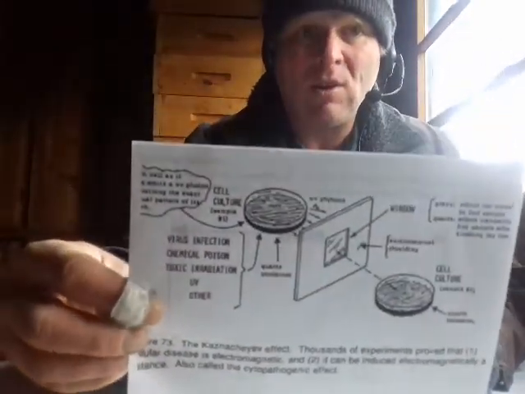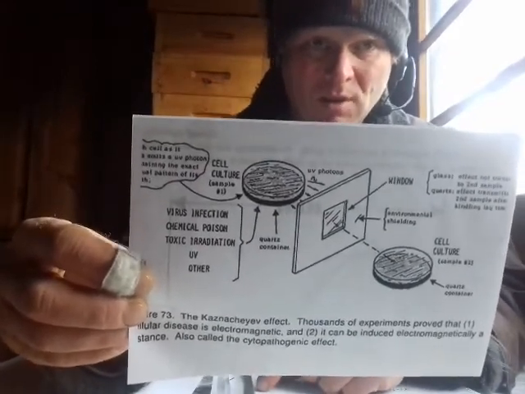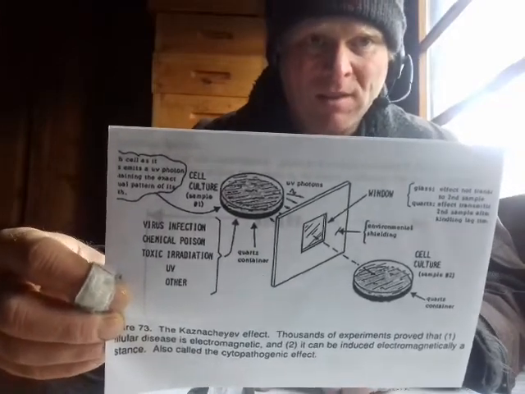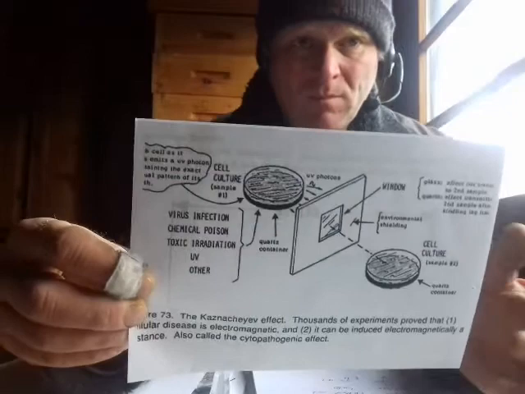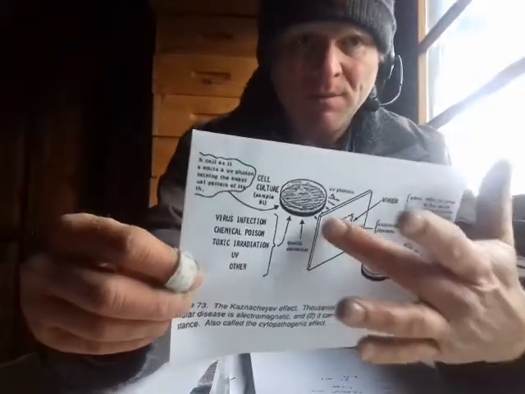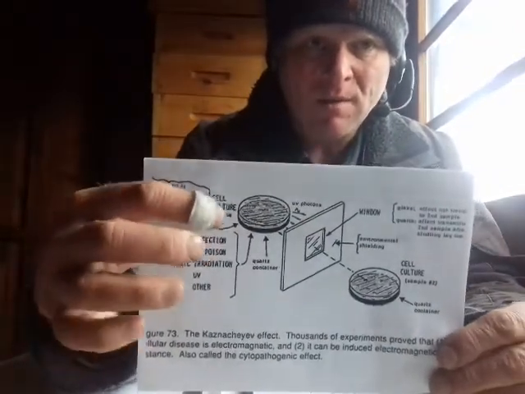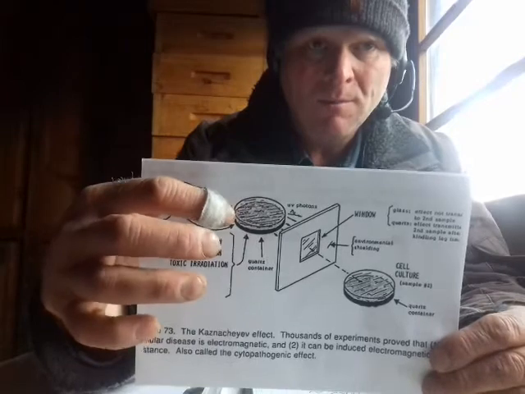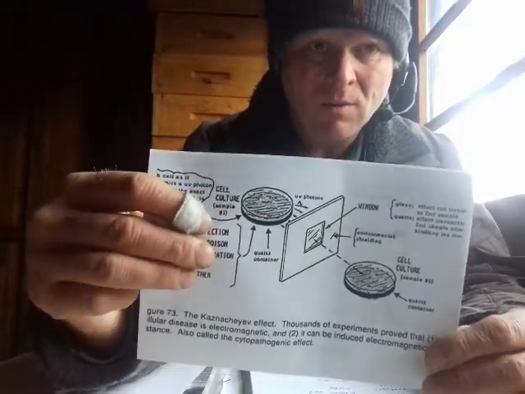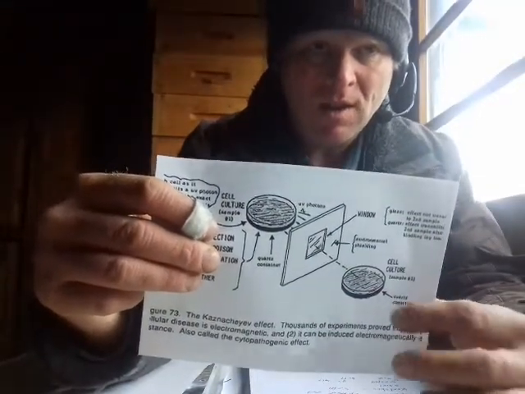I have taken it from Tom Bearden's book Gravitybiology, and I explain again here there are two different cell cultures, and you can make a healthy cell culture sick if you send a scalar wave through the air.